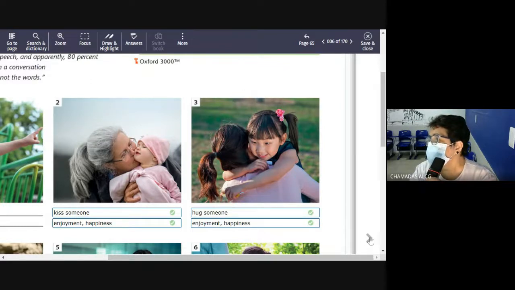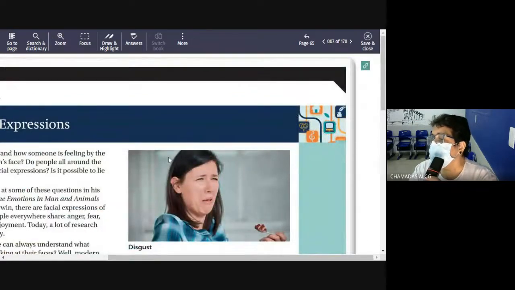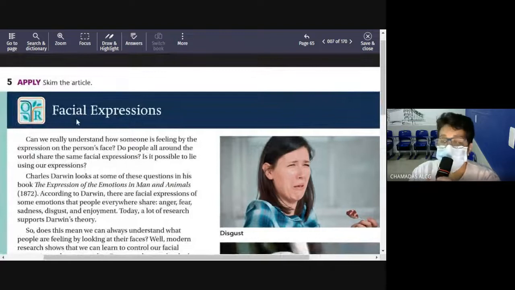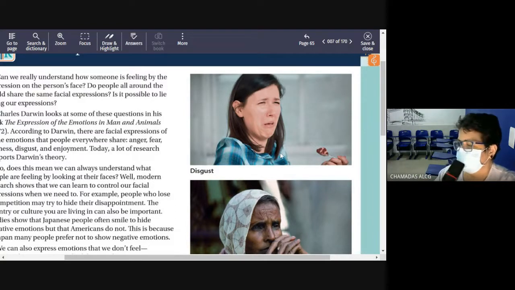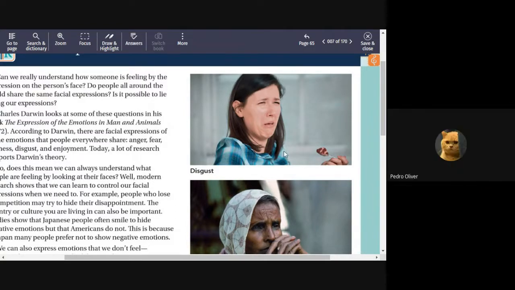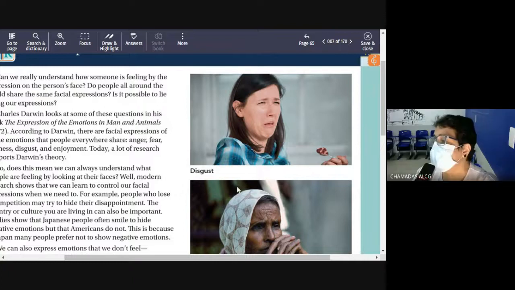Now, today, we are going to see facial expressions. Oh, look at this woman. What is the feeling that she is expressing? Nojo, oh, disgust. Yes, disgust. Okay, exactly.